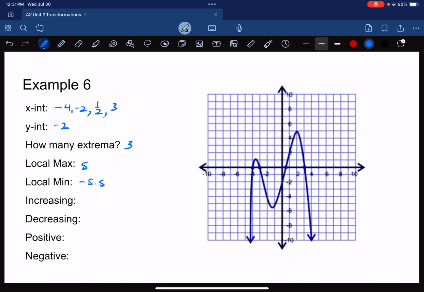Increasing. Couple if I put the other boundary in. There we go. And then again from, looks like negative 1.5 we're going to call it, up to 2.